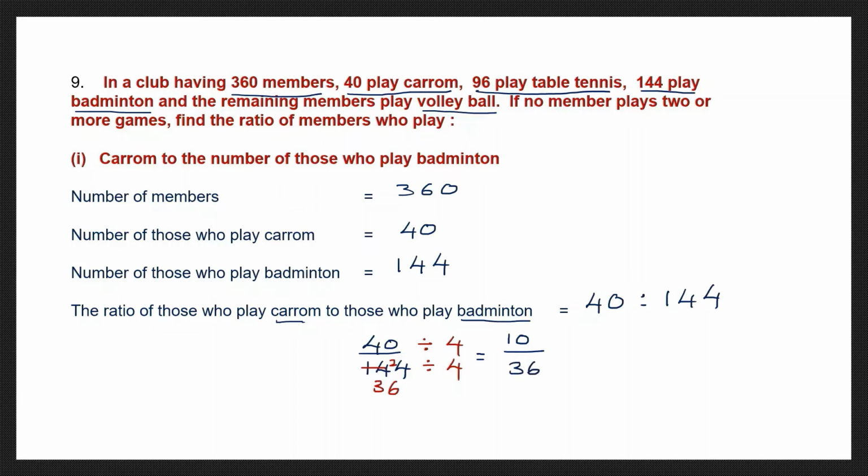Now we have 10 by 36, which can be reduced again. I can use 2 to reduce both. So I get 2 5s are 10 and 2 18s are 36. So the ratio of those who play carom to those who play badminton is 5:18. So this is the first answer.